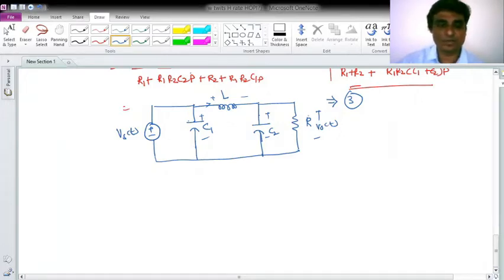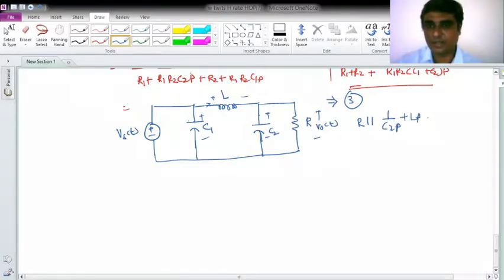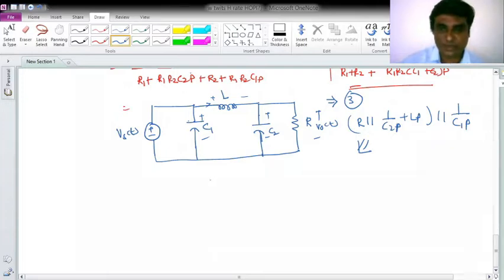And if I would like to solve it, you can solve that, or mathematically also you can do it. It will be R in parallel with 1 over C2P, and then plus LP, and again this will be in parallel with 1 over C1P. Okay, so if you solve, I'll give you the result.